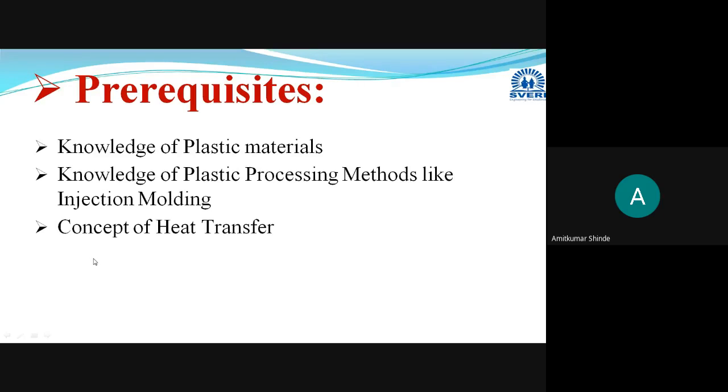Basic knowledge related to how the heat transfer takes place from one body to another body, like the concept of conduction, convection, and radiation. You should be aware of these basic concepts, and I think you have already studied them in the heat transfer subject. So that will be very helpful in this chapter also.